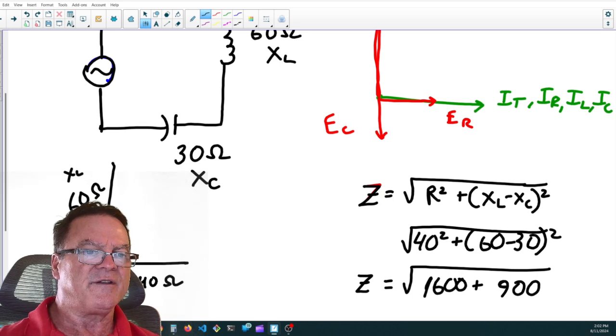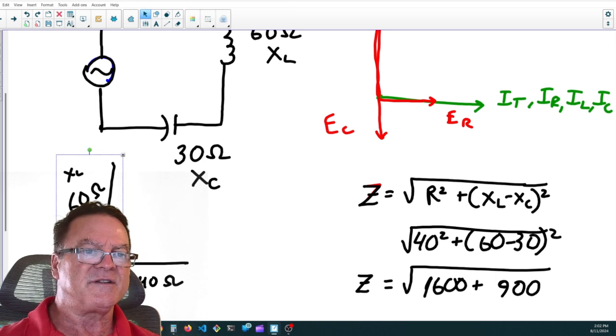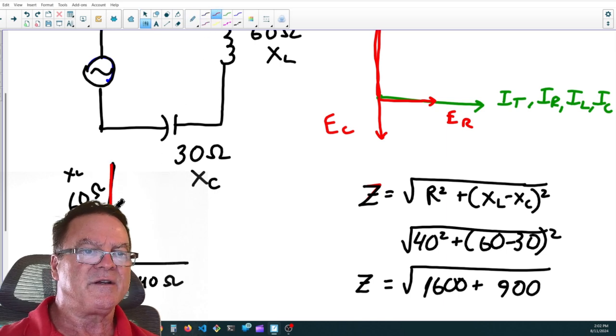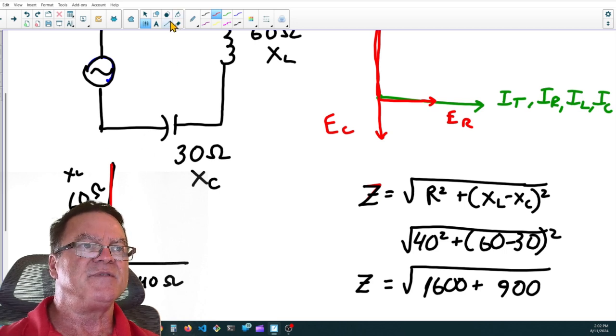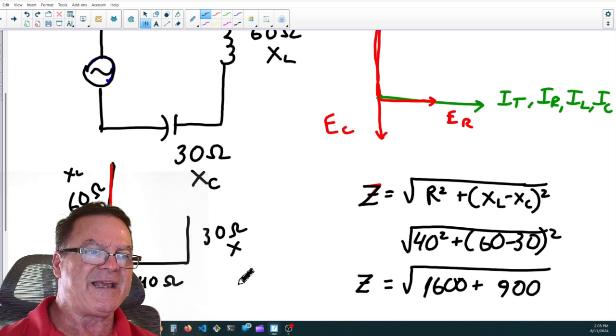And I have a vector that is 30 ohms of capacitive reactance. So I'm going to take this 30 ohms and subtract it from the 60 ohms of X sub L, and I'm going to get a total of 30 ohms of reactance, X.